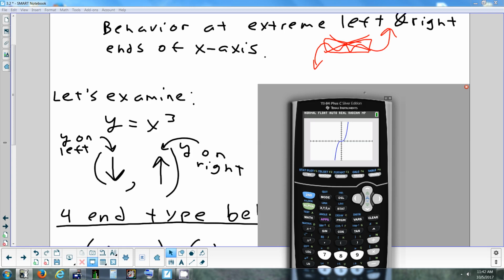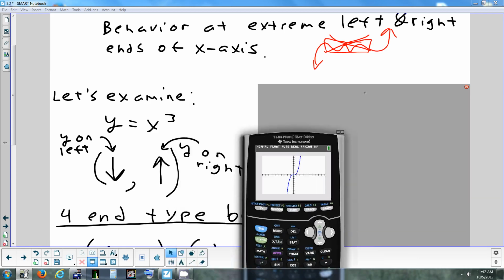They wouldn't draw arrows. But it's at least a good way to explain it to start, and it makes sense. Down on the left, up on the right. Once I show you the other way, if the directions don't say which way to do it, I don't care which way you do it. But on the test, you might see a mixture of both. Let me show you the other way.